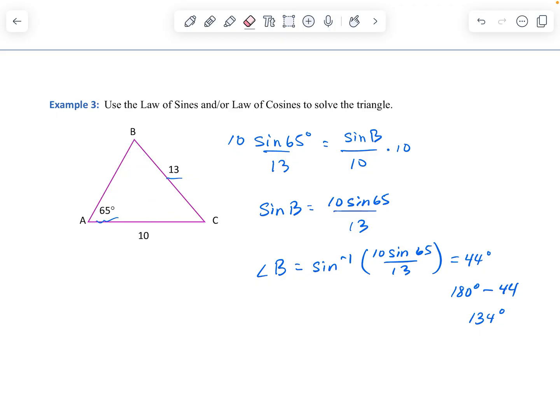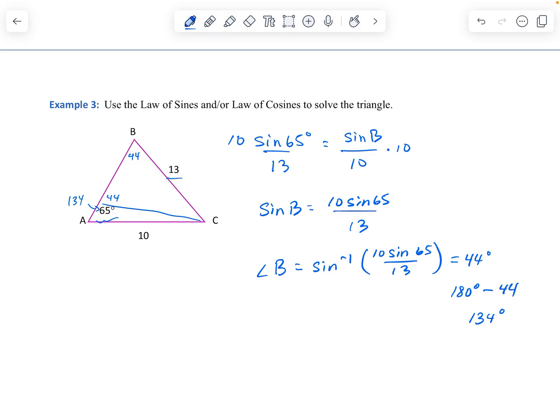We want angle B. If angle B is equal to 44 degrees and I draw it like this, 44 is here, giving us this angle right here as 134.